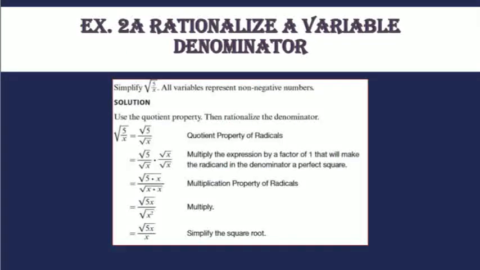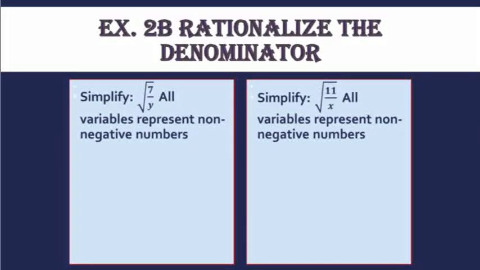The next type of problems, you're doing the same thing. The only difference is now there's a variable in the denominator. So let's take an example for one ourselves. Simplify the square root of 7 divided by y. All variables represent non-negative numbers. Okay, so the variable in the radicand can never have a negative number in it, so that's why they're just stating that.